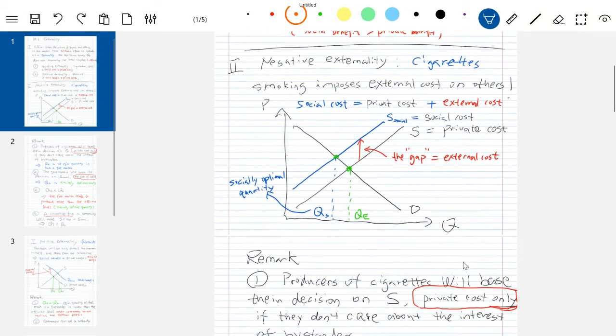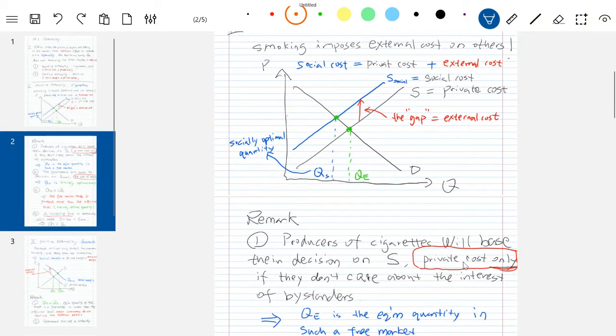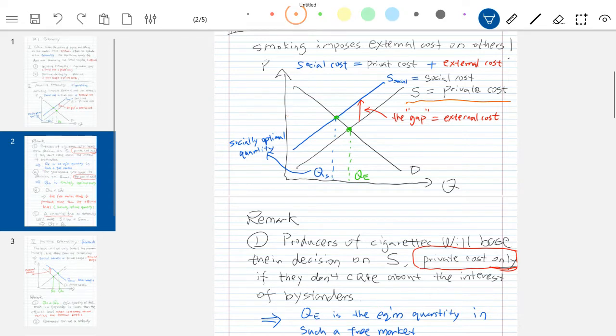In this diagram, we're going to call this supply function the supply function that reflects the private cost, because the height of the supply function at any given point only reflects the cost of producing those cigarettes, but it doesn't reflect the external cost that the smoking behavior imposes on the bystanders.